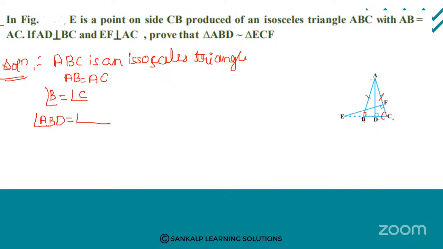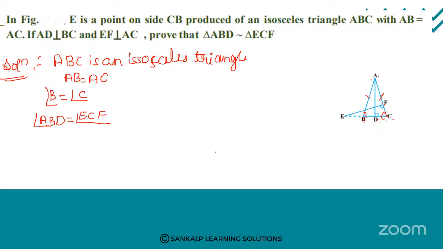Why? Because B is equal to C. If these two angles are equal, I can write it like this: ABD is equal to ECF, that means B is equal to C. Those two are equal, right? We can write it that way, okay?